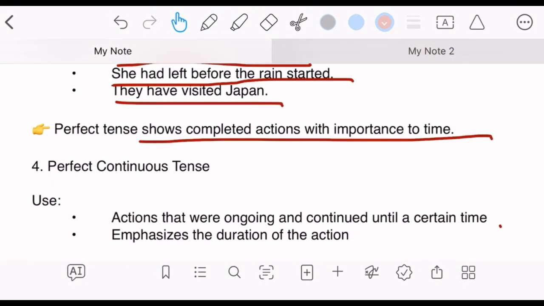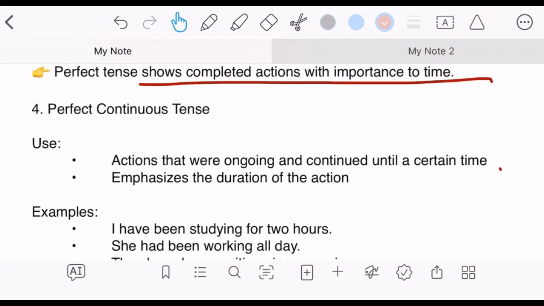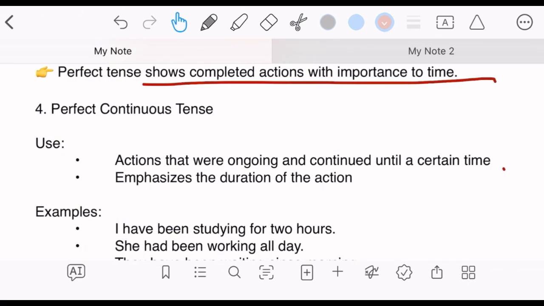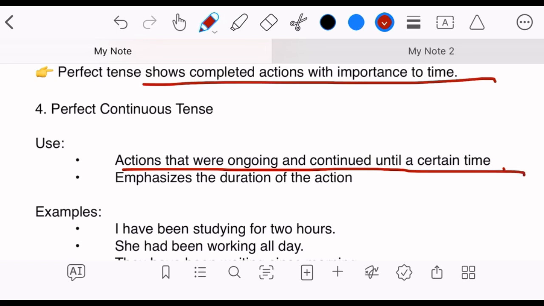Next, the last tense is perfect continuous tense. Perfect continuous tense is for actions that were ongoing and continued until a certain time, and it emphasizes the duration of the action.